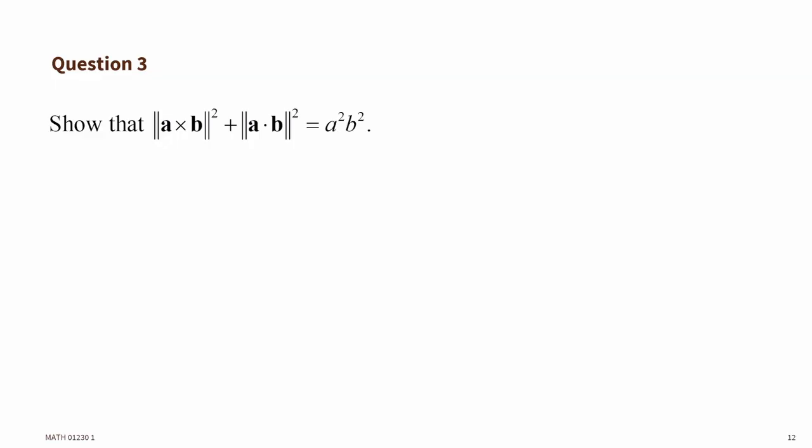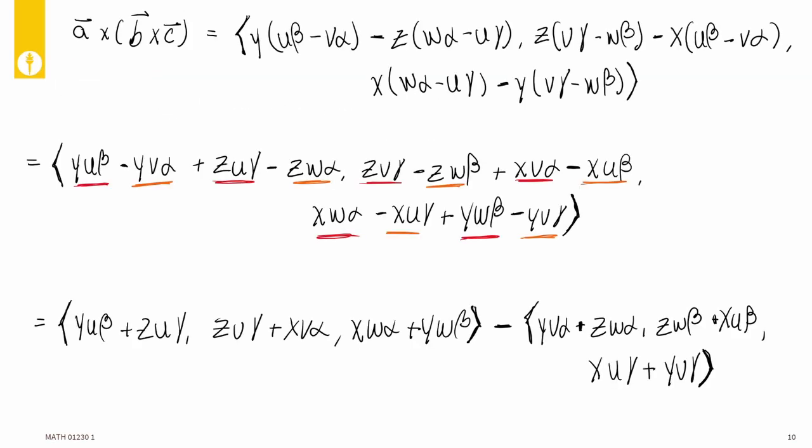Which ones? Y, U, beta, and X. XU beta, though, is in the second component. Right, so you have to group the same components together, unfortunately.